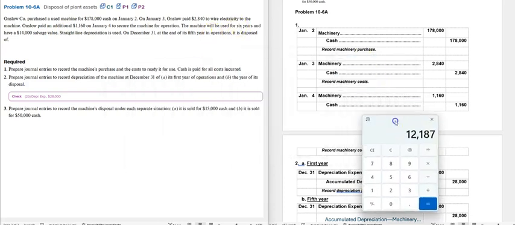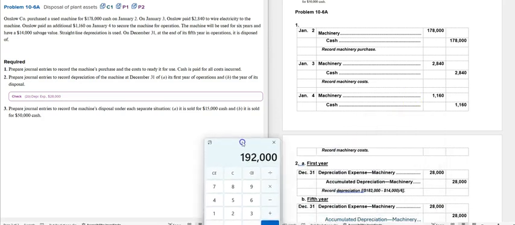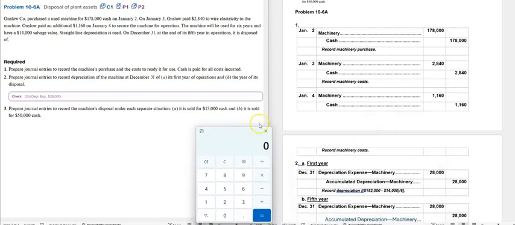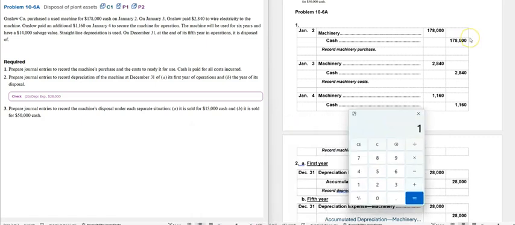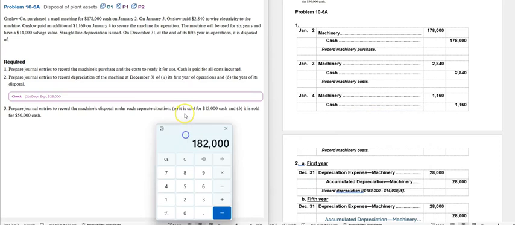All right, so let's talk about the asset's cost. $178,000 was put in the asset account, plus another $2,840, plus another $1,160. Total cost recorded in the asset account, I did the math wrong, let me redo that: 178,000 plus 2,840 plus 1,160 is 182,000.